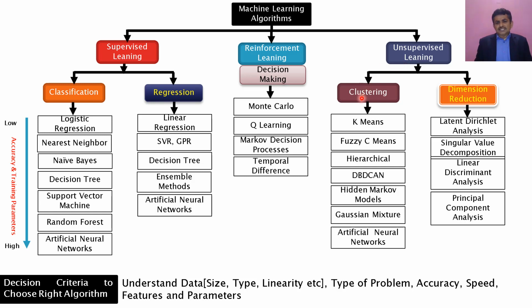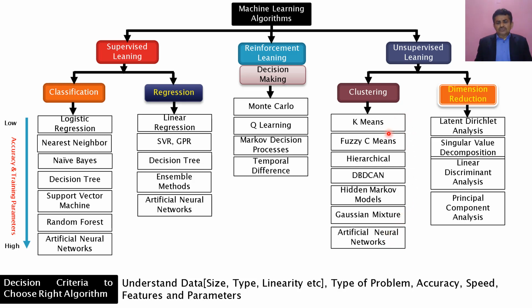The first one is clustering algorithms and the second is dimension reduction algorithms. The first popular clustering algorithm is the k-means clustering algorithm. Then fuzzy C-means is under the domain of fuzzy clustering, along with hierarchical clustering, DBSCAN clustering, hidden Markov models, Gaussian mixture models, and artificial neural networks.